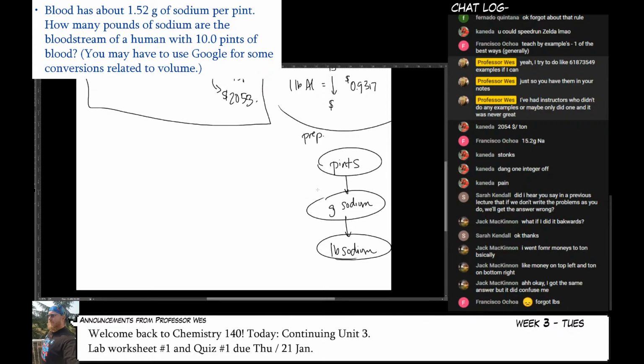So for pints, I know that in 1 pint of blood there are 1.52 grams of sodium. And then in a pound of sodium, there are 453.6 grams of sodium. So let's start with the amount of blood.